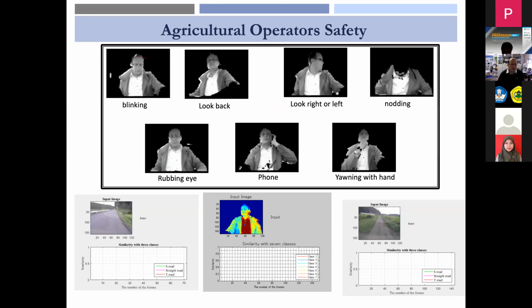For example, if a farmer is blinking, looking back, looking right or left, or nodding, which means almost sleeping, or yawning. Our students do a lot of these things while taking class online. There is also talking on the phone, and fatigue. There are several classifiers we can choose to work out those steps.